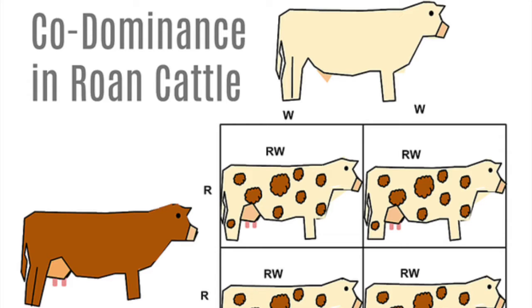So we have a white cow that is homozygous and has the dominant allele of the color white, and the red cow that is also homozygous and only has the dominant allele of the color red. So when they mate, their offspring will show both of them. So we have cows with red stripes and they are white. They will both show the same.